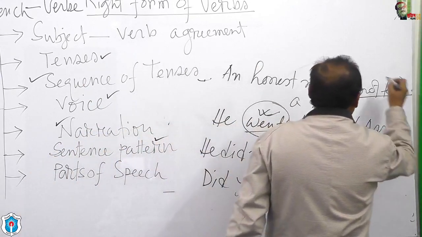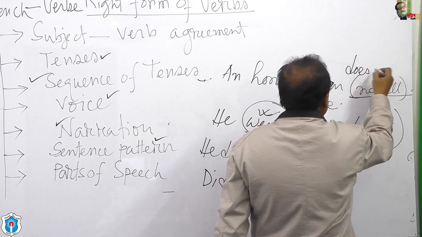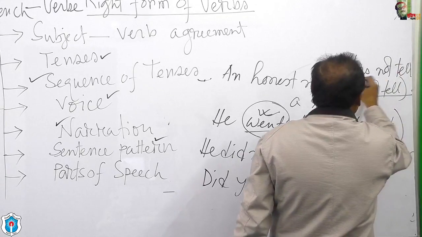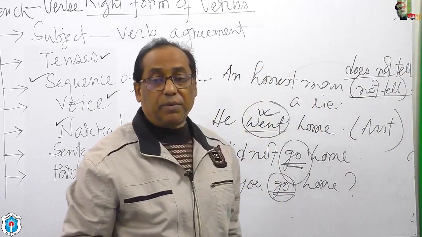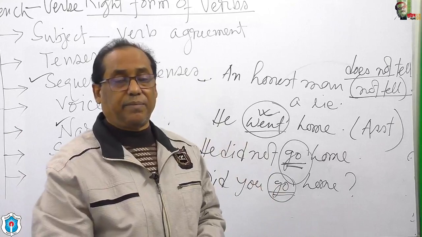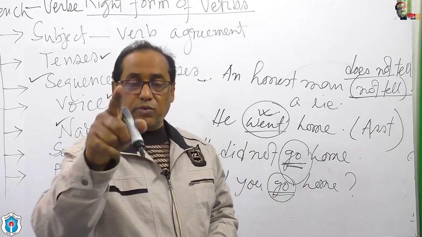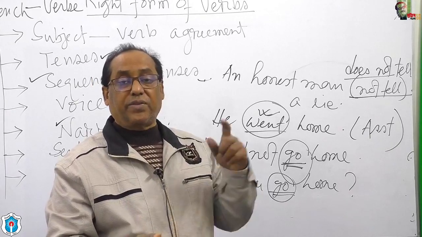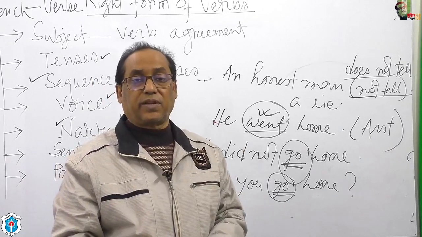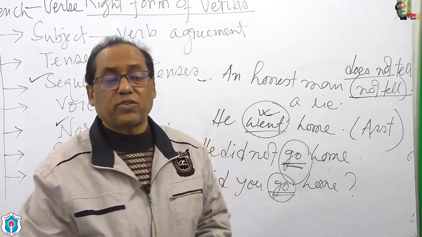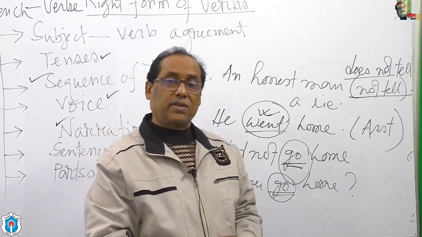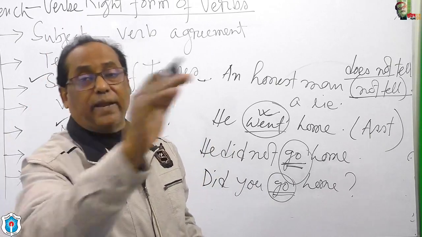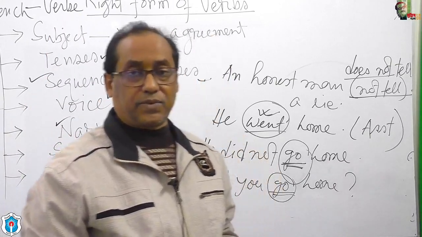And you know that an honest man does not tell. Does not tell. Why? Because the sentence is negative. So you have to know the pattern of interrogative sentence, negative sentence, assertive sentence, and other kinds of sentences to be good at right form of verbs. Okay?